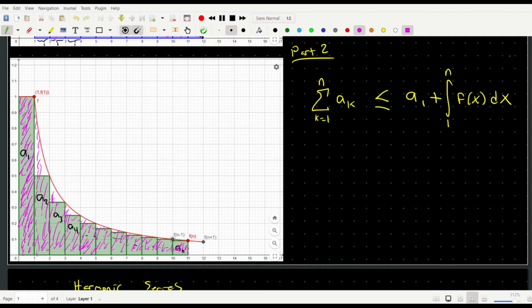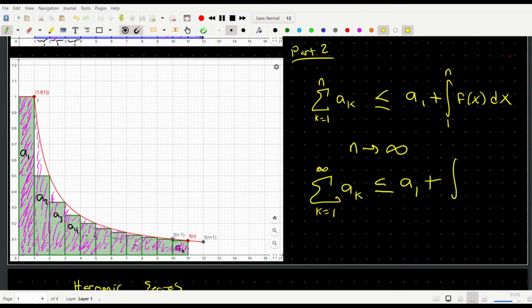So just like before, we take the limit as n goes to positive infinity to get that the summation from 1 to infinity of ak must always be less than or equal to a1 plus the improper integral from 1 to infinity of the function f of x dx.